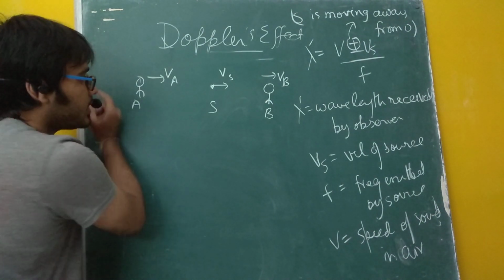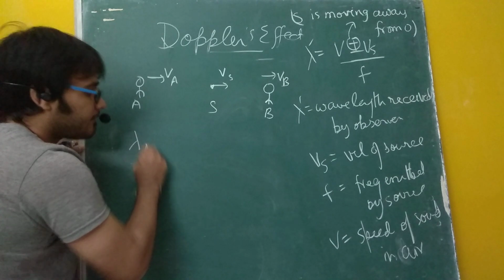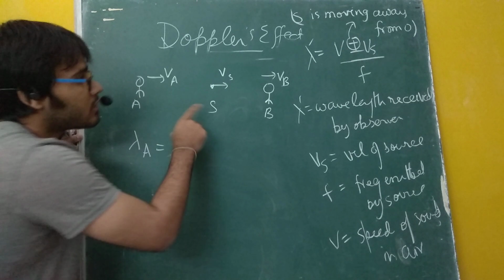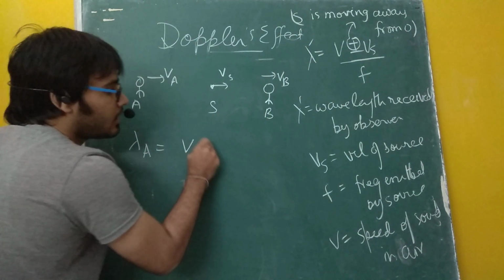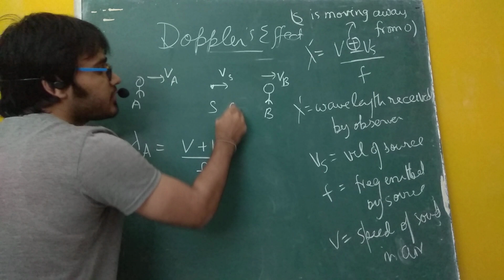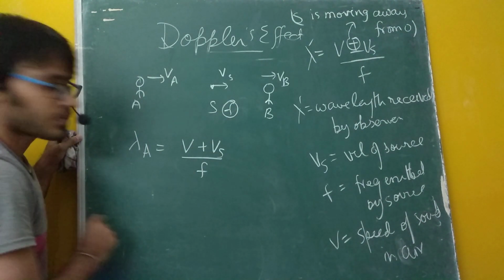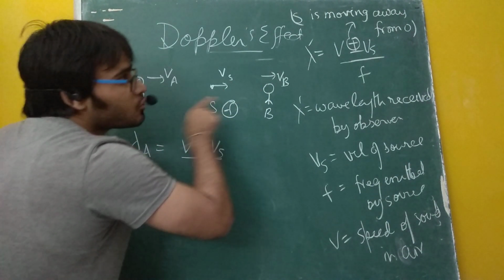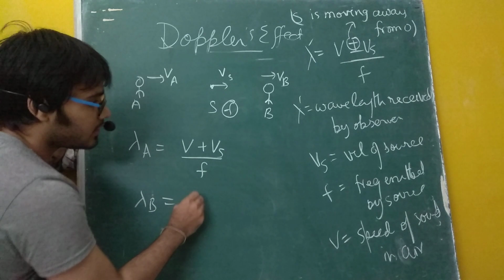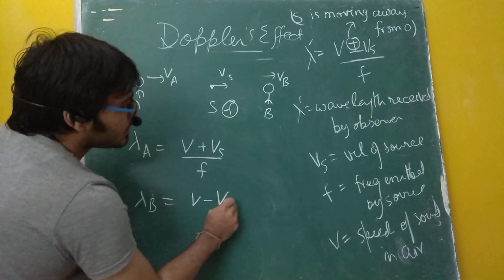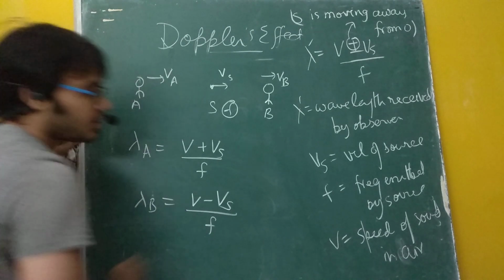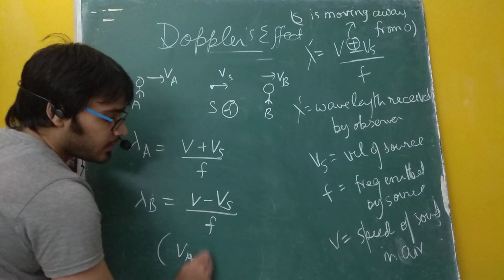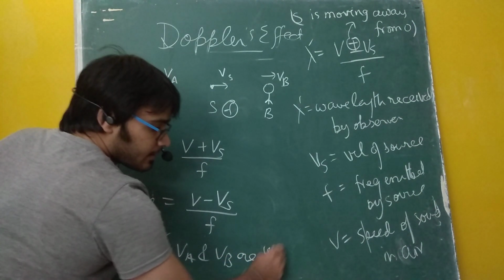Now I want to find the wavelength received by A, let's say lambda A. With respect to A, the source is moving away, so I will take the plus sign: lambda A is V plus Vs by F, where F is the frequency emitted by the source. Lambda B is the wavelength received by B. With respect to B, the source is moving towards, so I will use the negative sign: V minus Vs divided by F. Very simple. Here the velocities VA and VB are useless. They may be 0.